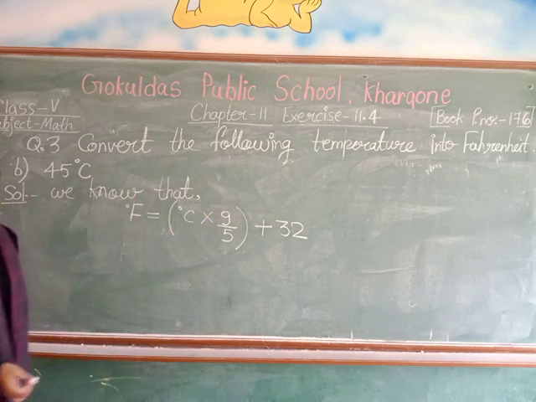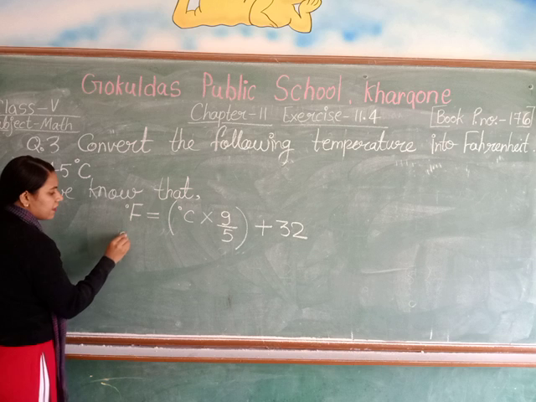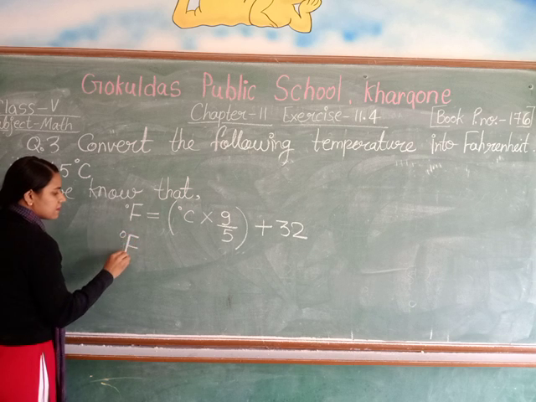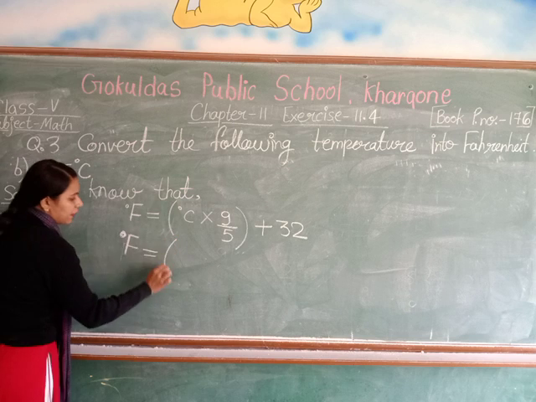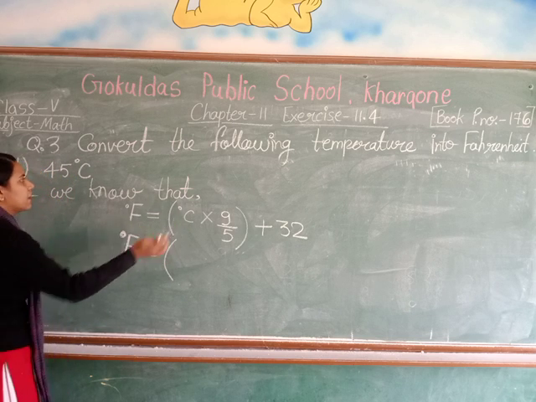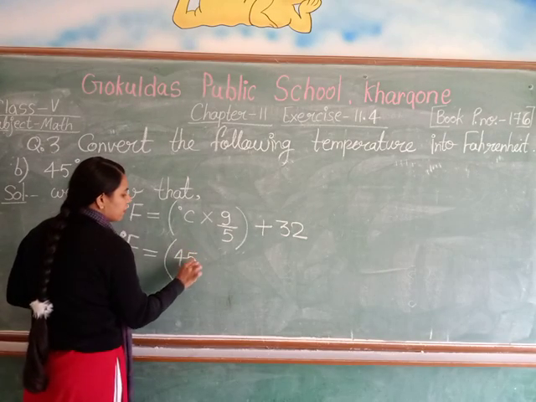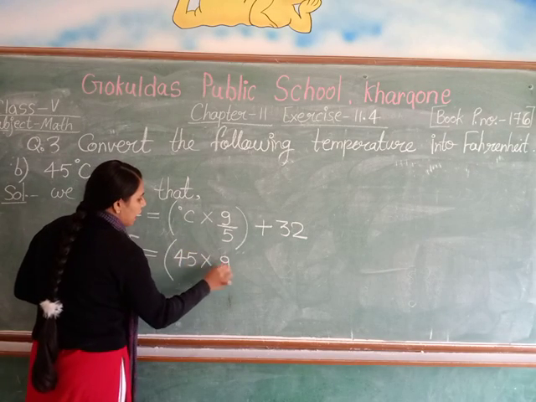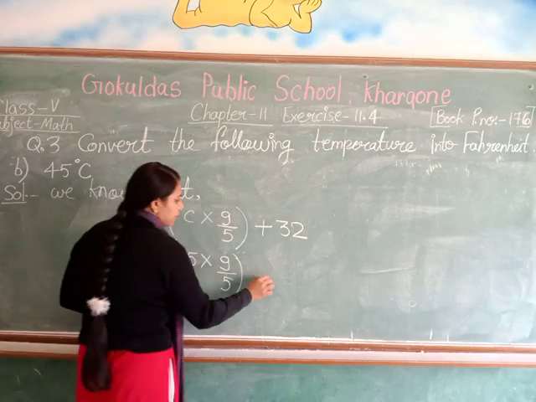It is the formula. Now put the values. We don't have any value for degree F, so write degree F as it is, is equal to bracket open degree C. We have the value of degree C, which is 45. So write 45 here, multiply with 9 upon 5 bracket close plus 32.